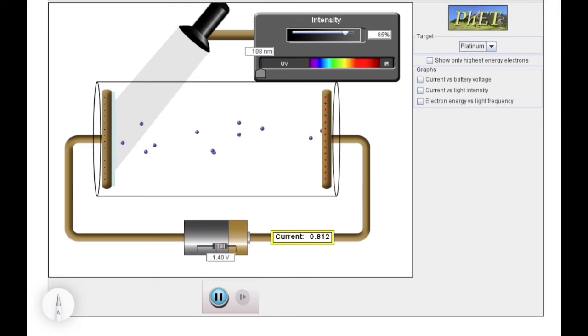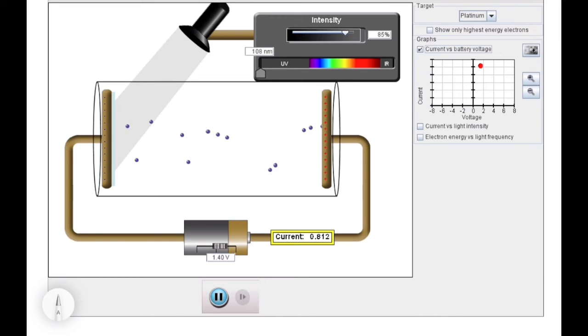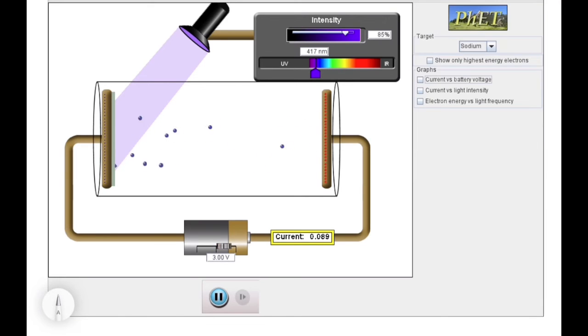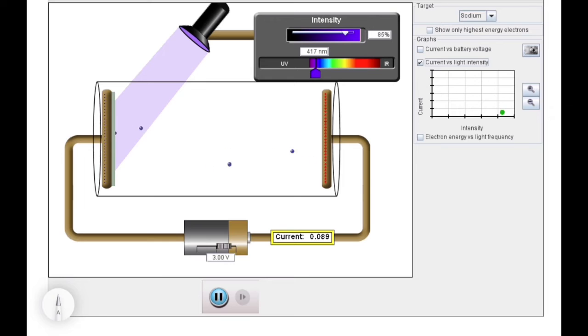Okay, let's see the graph. The first graph. Okay, let's say we change into sodium. If we increase the voltage, there is no change in current. Then, if we increase the intensity, the current also increases.